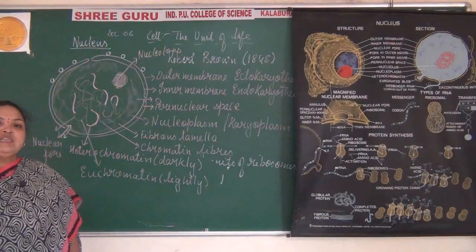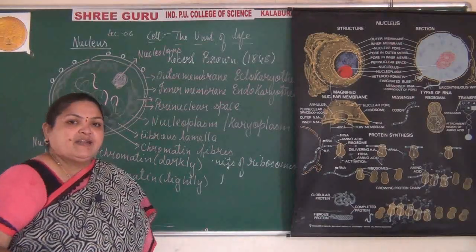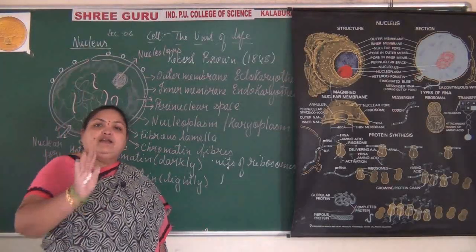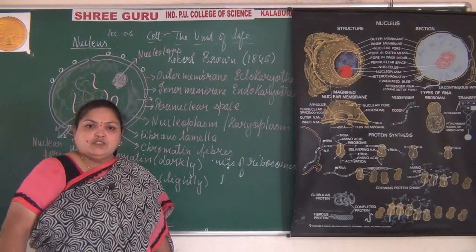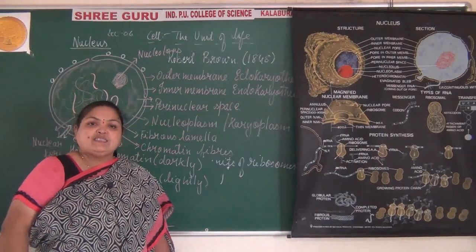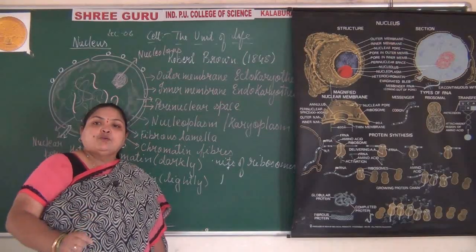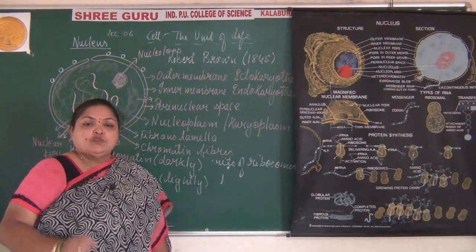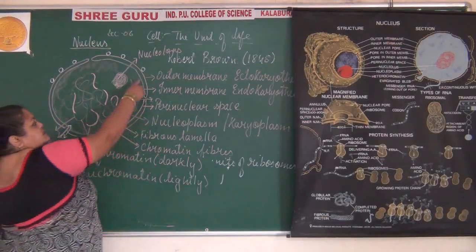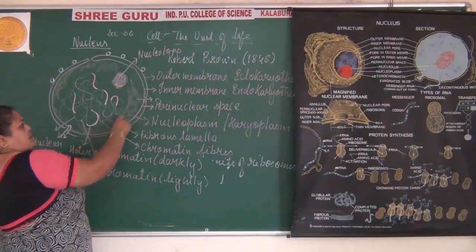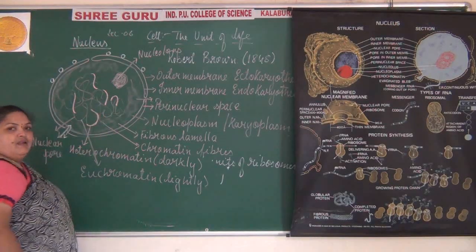The first step is interphase, which is said to be a resting phase, where the cell does not undergo cell division. In the interphase you can observe the nucleus very clearly. This nucleus has 4 components, that is the nuclear membrane, the nucleoplasm, the nucleolus and the chromatin network.